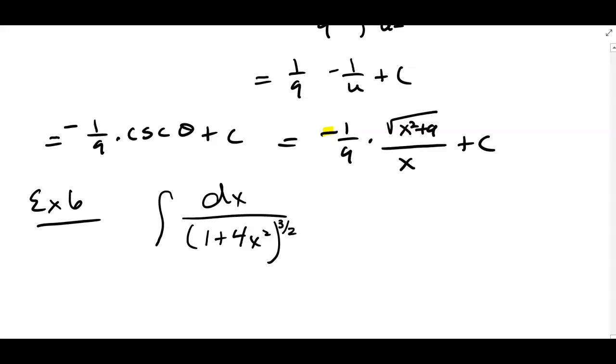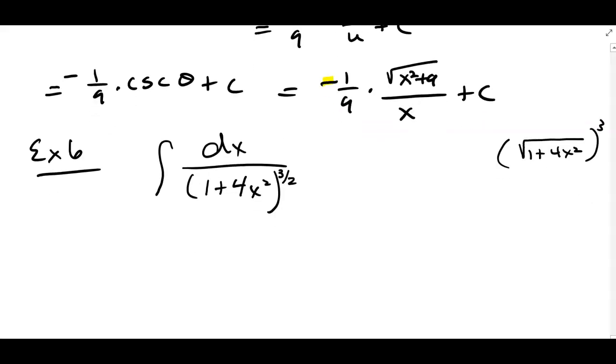So now we have dx over 1 plus 4x squared to the 3 halves. When you raise something to the 3 halves, don't forget it's actually the denominator is your radical. So it's radical 1 plus 4x squared, that cubed.